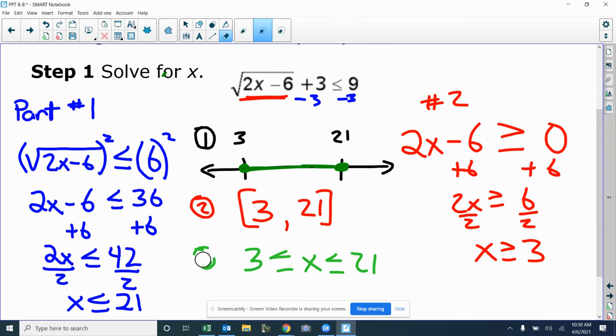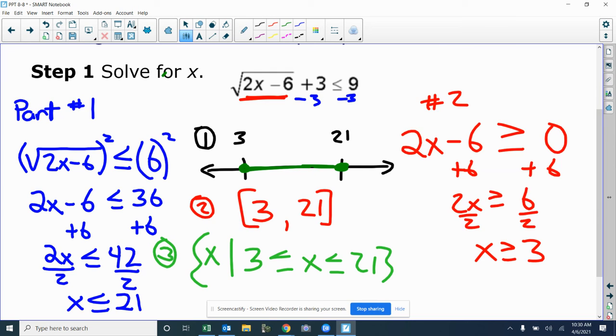And this is what? Does anybody remember? Set builder notation. Three different ways to write that solution. And I might ask you to write it in all 3 ways on Friday, okay?